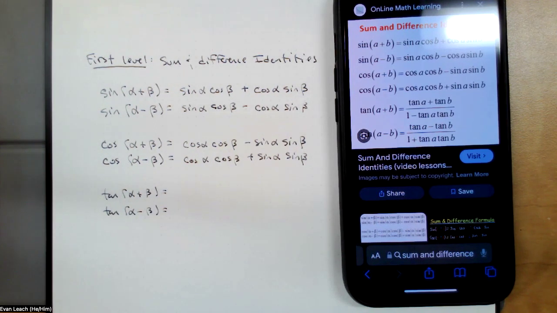And they have a different structure than the sine and cosine ones. We also note that tangent is related to sine and cosine. Tangent is sine over cosine. So if we forget the tangent one, we can build it from the sines and cosines.